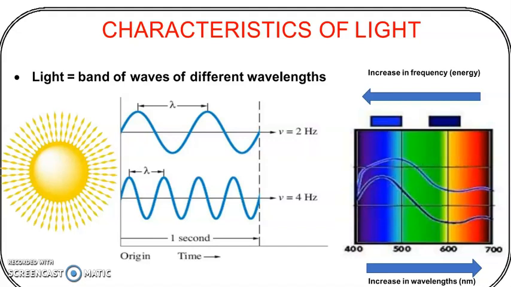So an increase in the frequency means an increase in energy. From 400 to 700, the scale is increasing in wavelength in nanometers, and from 700 to 400 it is increasing in frequency, that is the energy.